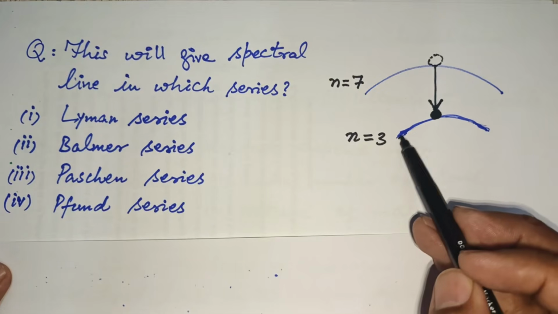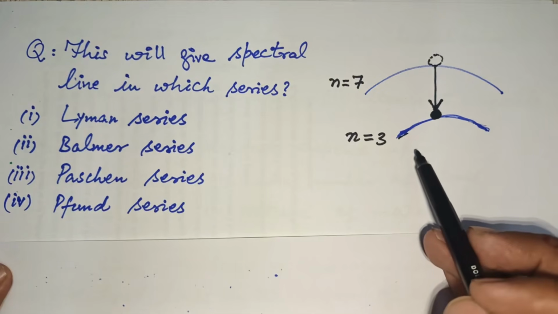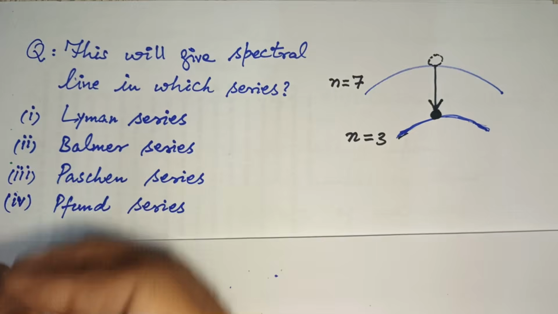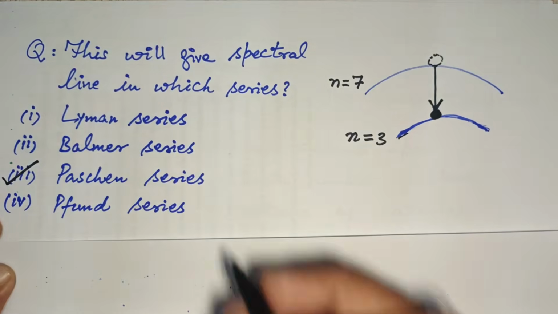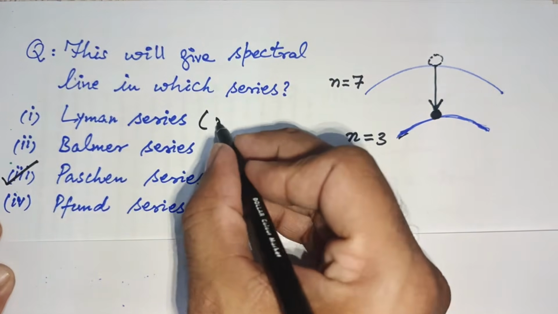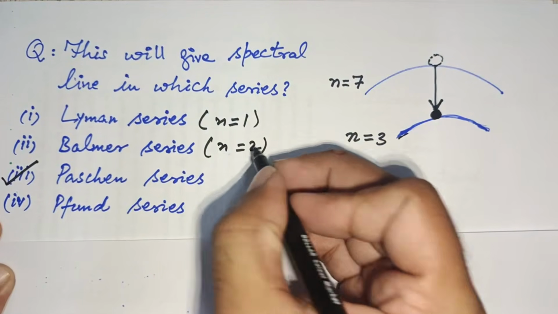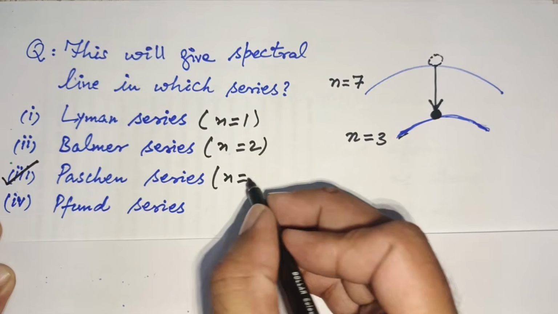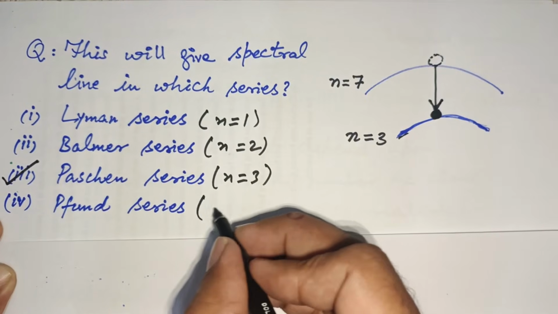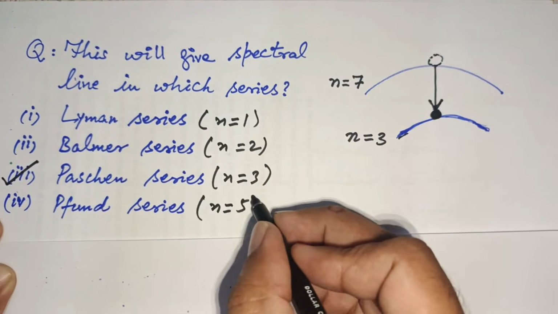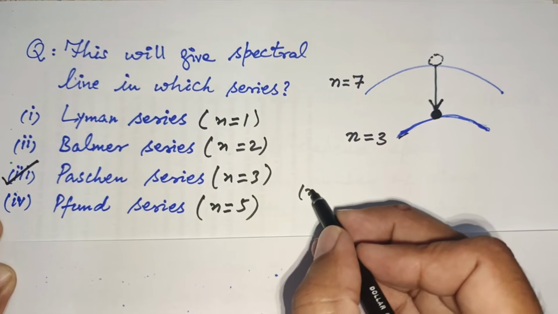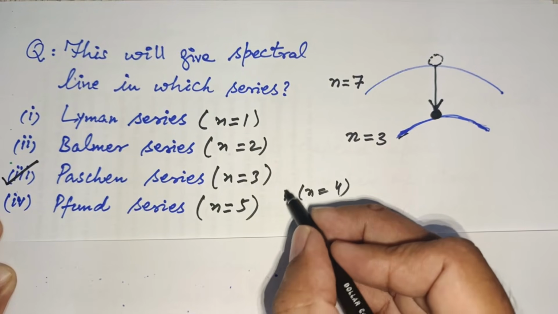And this indicates that it will lie in Paschen series, because you have to remember that Lyman is n equals to 1, Balmer is n equals to 2, Paschen is n equals to 3, Pfund is n equals to 5, and in between is Brackett, n equals to 4.